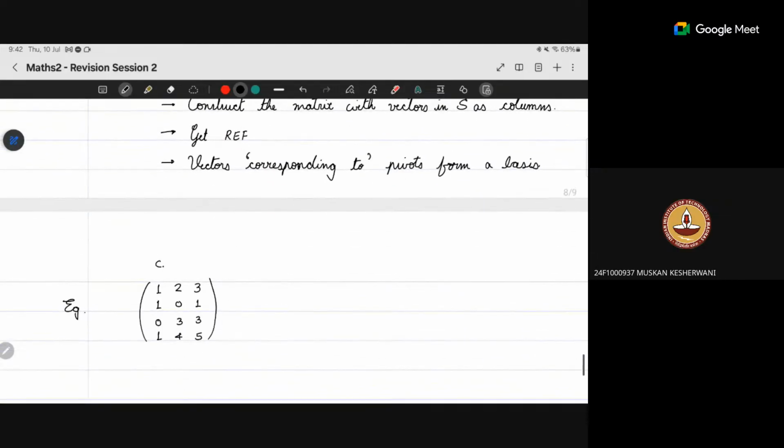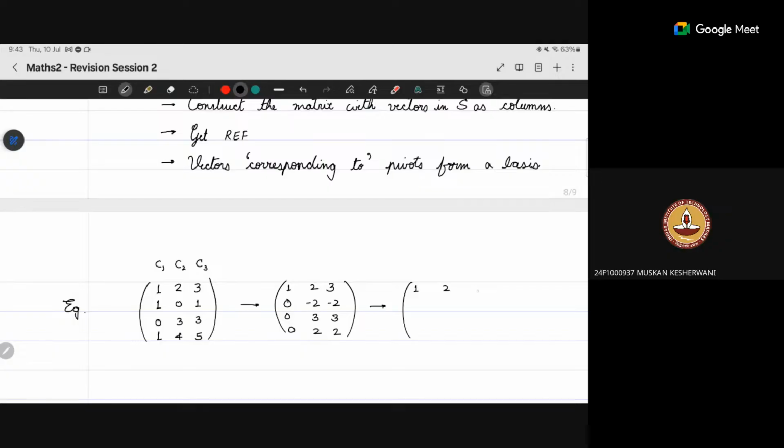So this is C1, C2, C3. If I want to row reduce this, what will I do? I'll do 1, 2, 3, subtract it, minus 2, minus 2, 0, 3, 3, and 0, 2, 2.